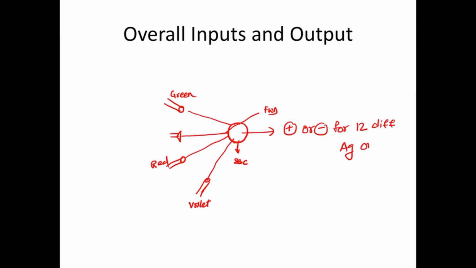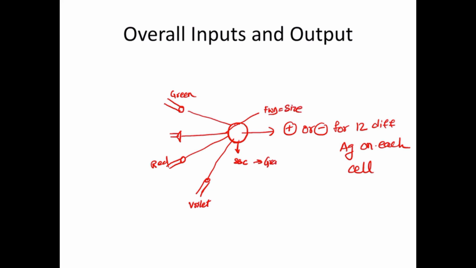All these things are happening simultaneously on each and every cell which is passing through this cross section. So this is the advantage. This is the multiplexing, which is the most helpful and most advanced thing over immunohistochemistry.